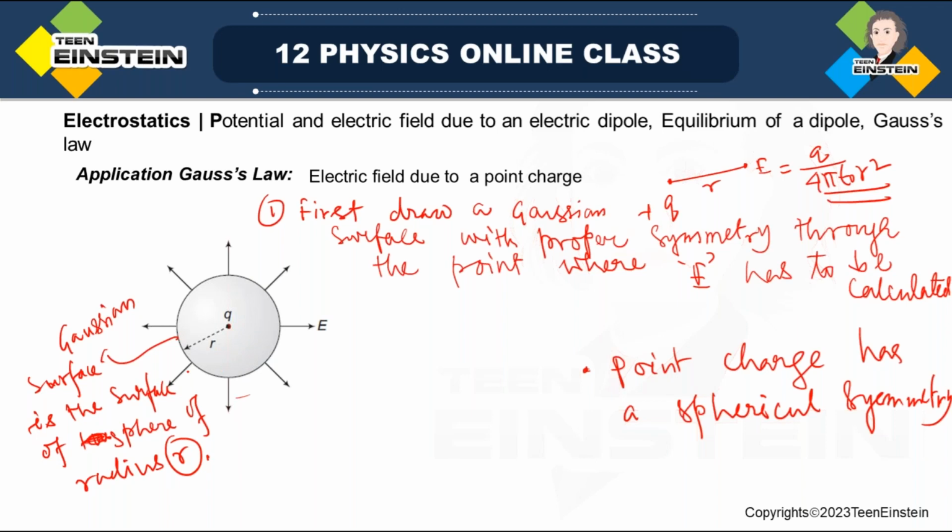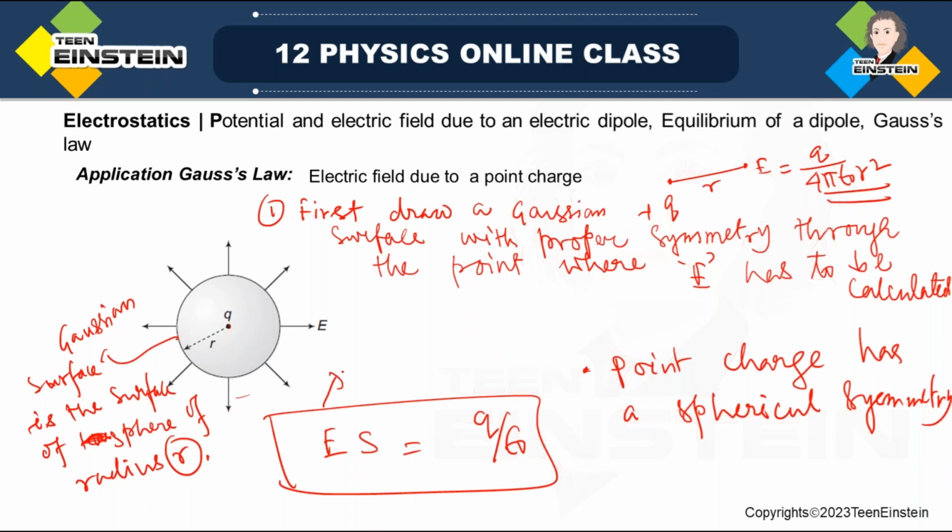So once we get this spherical surface, can we find out the flux? That is the question. We know this is the simplified form of Gauss's law.